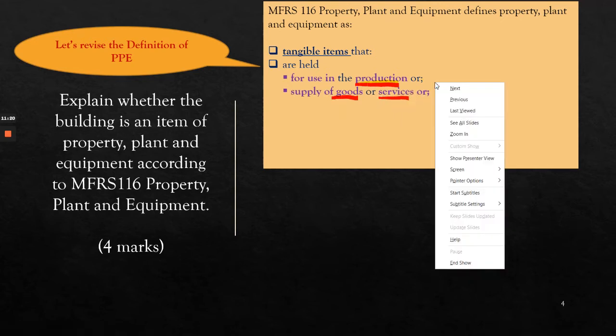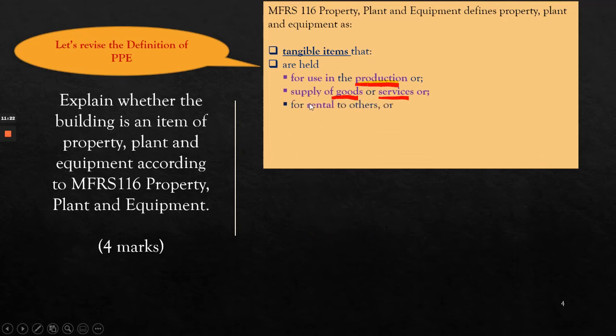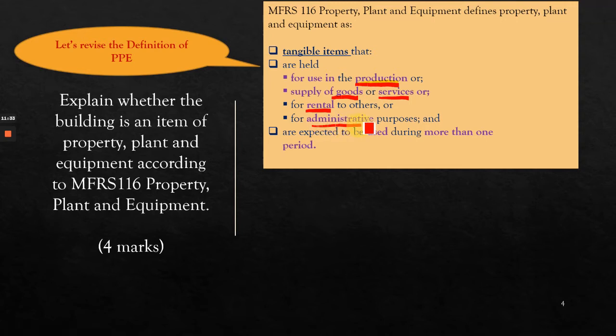Or, the word is or, for rental to others. If you don't use it for production, it was used for rental, recall that. Or for admin purpose or maintenance purpose. And they are expected to be used during more than one reporting period, more than 1 year actually.